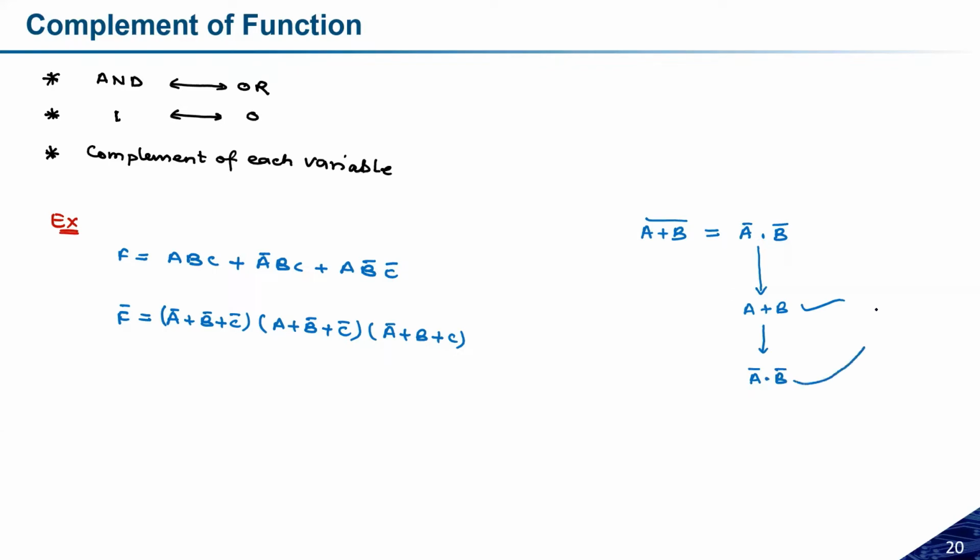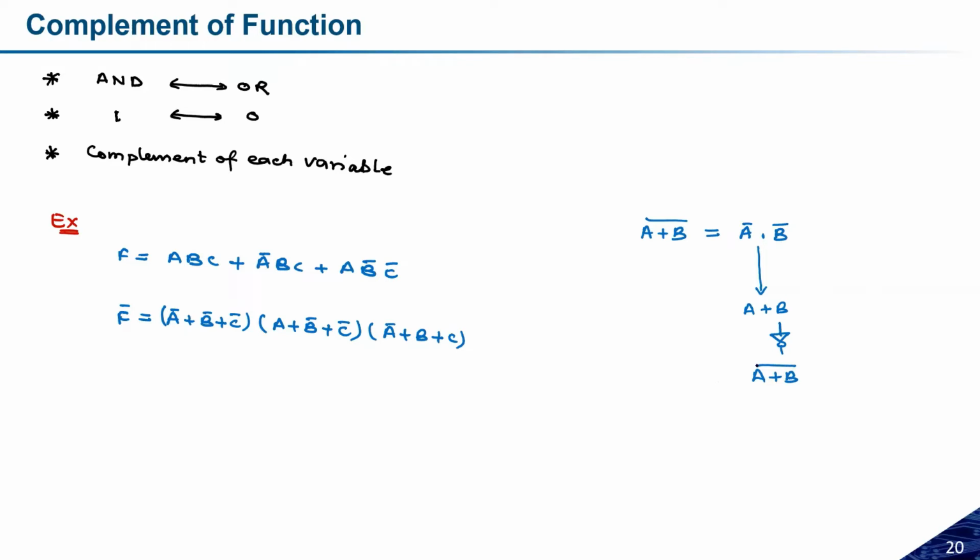The same thing comes. I am not getting this term. To get this term, I don't need to complement it again. First I complement once, then I have to pass it through an inverter. After passing it through an inverter, I will get a plus b bar.